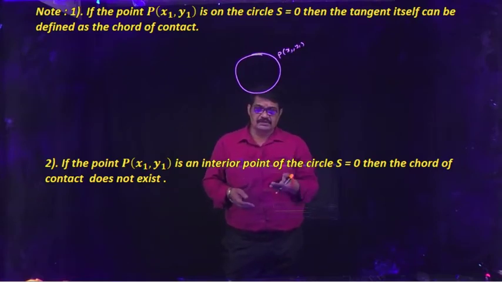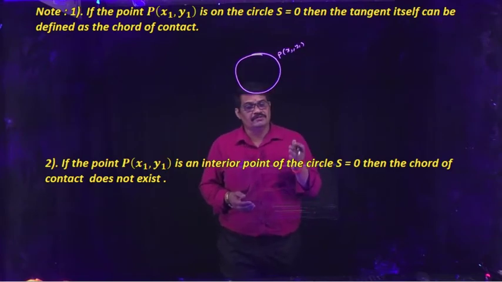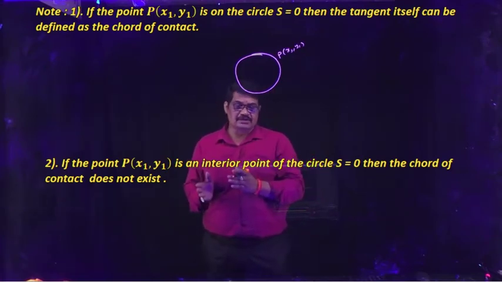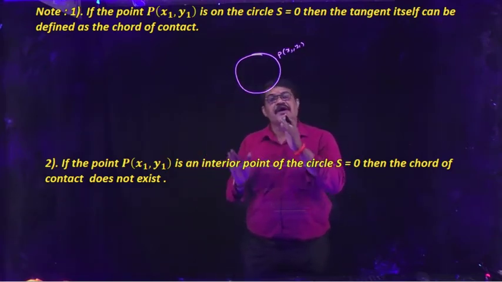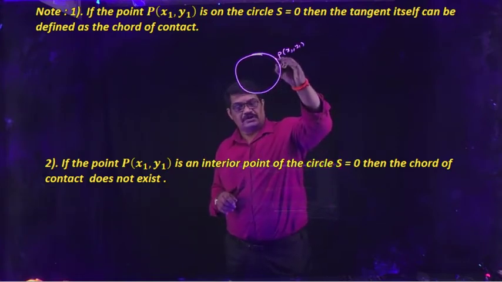So this is our note. If the point lies on the circle, then the chord of contact coincides with the tangent at that point. Now we are drawing the tangent from the point to the circle.